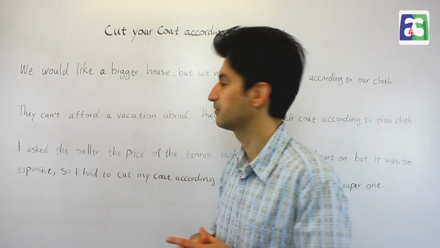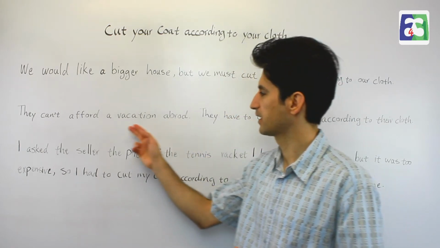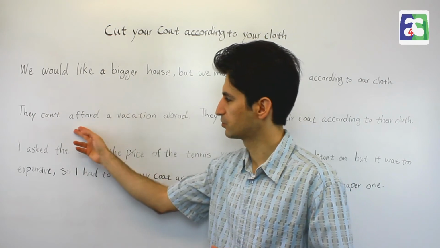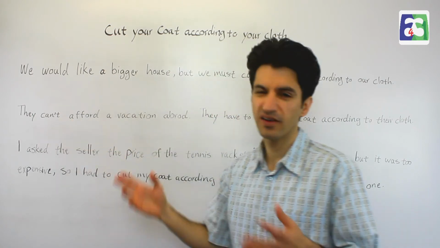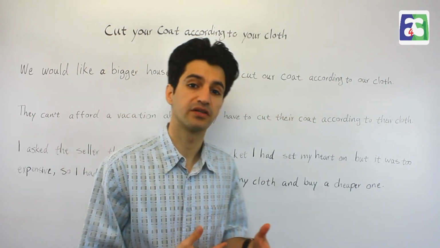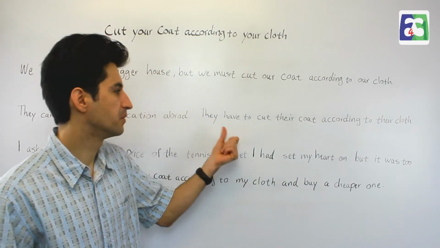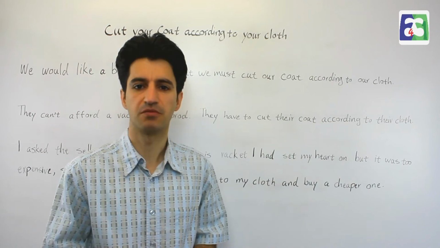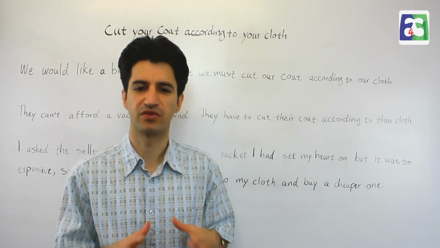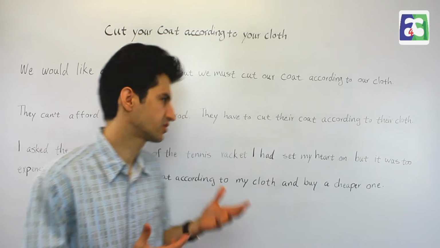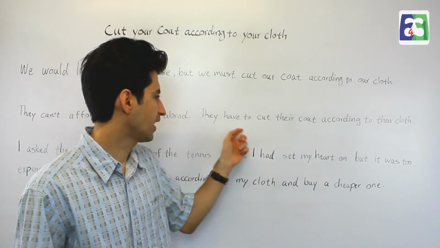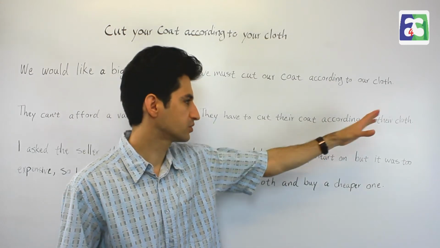They can't really go abroad, they can't have a vacation abroad because they do not have money, so they have to cut their coat according to their cloth. Maybe it means just to go to a city in the same country, maybe to visit somewhere near. Something that they have the money for. Okay, they have to cut their coat according to their cloth.